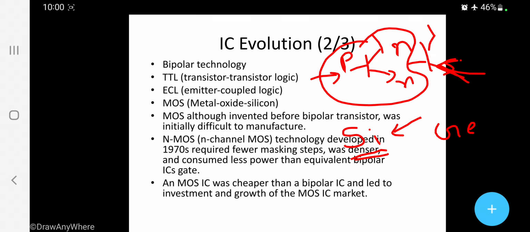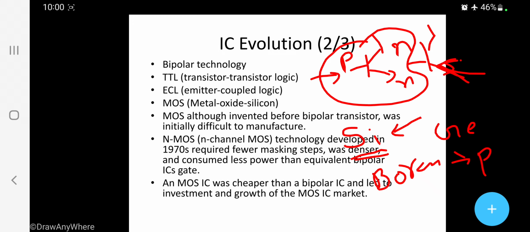Now if you dope this pure silicon with a trivalent element, that is boron, you get p type semiconductor.